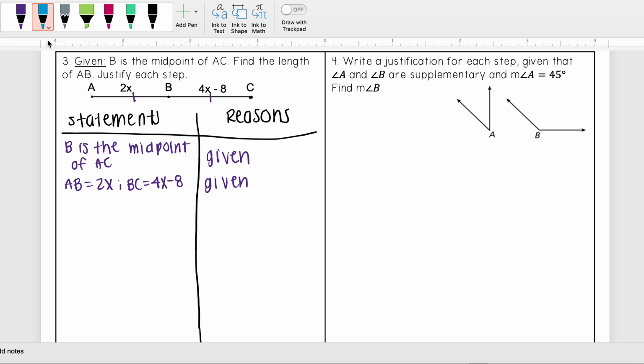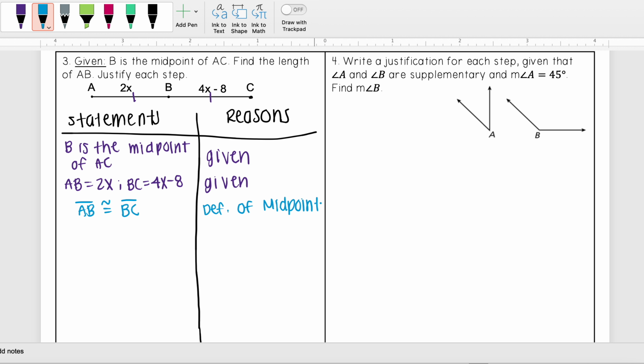And so my first step here is stating, well, since B is the midpoint, AB is congruent to BC. My reason there is definition of midpoint. From our definition, we know that it creates two congruent statements.